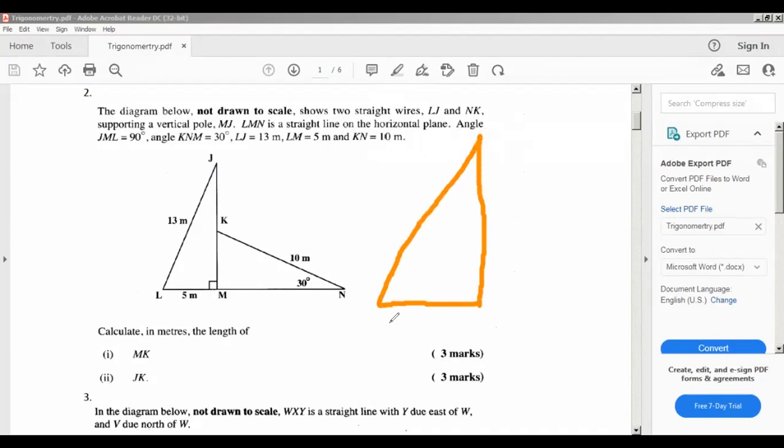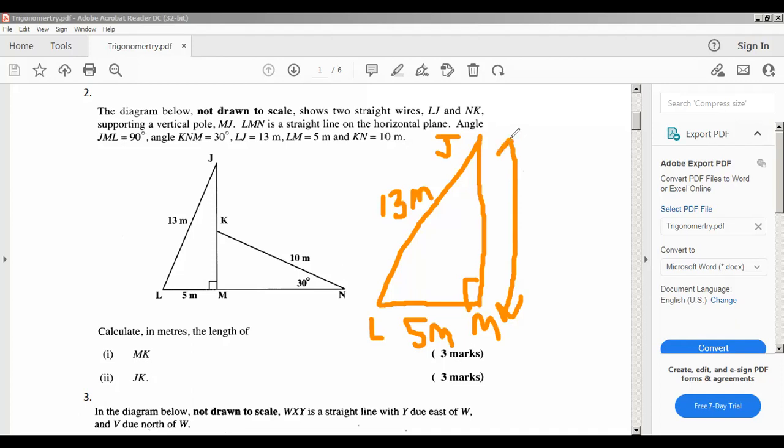So this is L, this is 5 meters, and this is M. This is our right angle triangle here, and this is 13. And this is J. Now, class, can't we find this side here? Using Pythagoras, find the full length of JM, then subtract 5 from it.